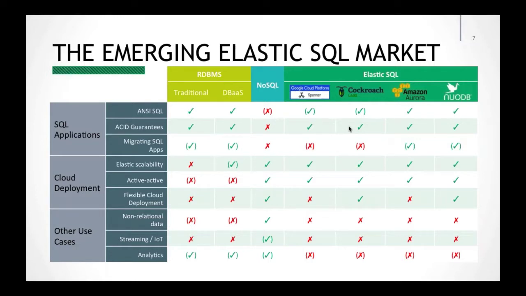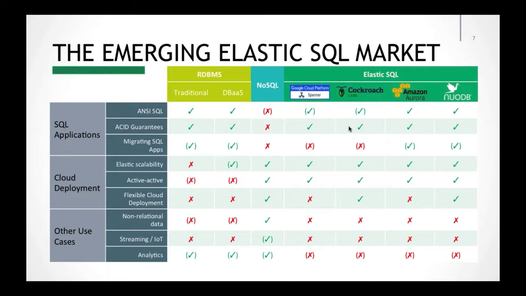If we go back to the traditional relational databases, as you can see, they're perfect in the SQL application space. Obviously, that's where they grew up and where they come from. They get partial check marks for migrating SQL applications because everyone knows moving from one database to another can be done. It does take a fair bit of work and consideration, but it can be done.